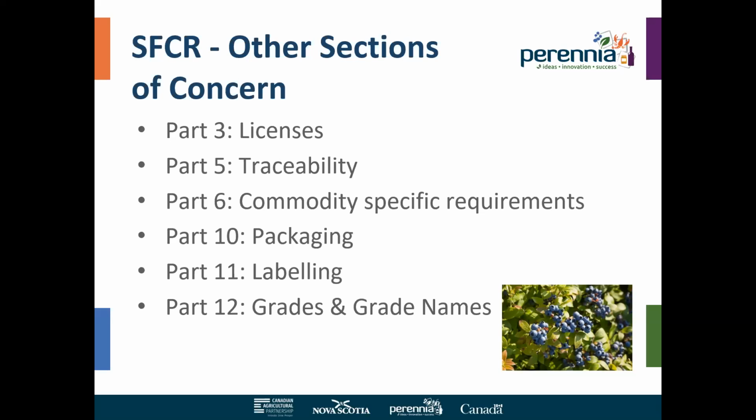Part 10 is packaging. Part 11 is labeling. And Part 12 is grades and grade names. So remember before, 10, 11, and 12 would have fallen under consumer packaging and labeling, but now that is consolidated in the Safe Food for Canadians regulations.